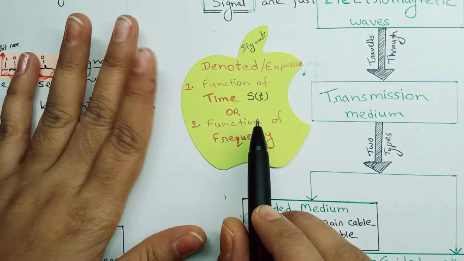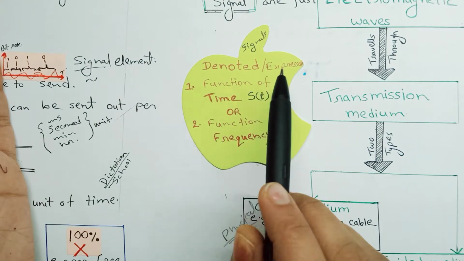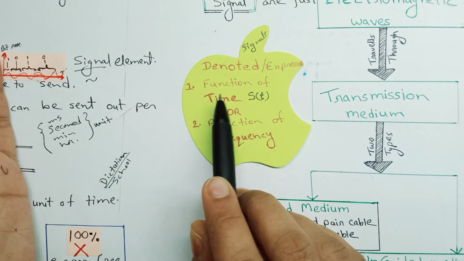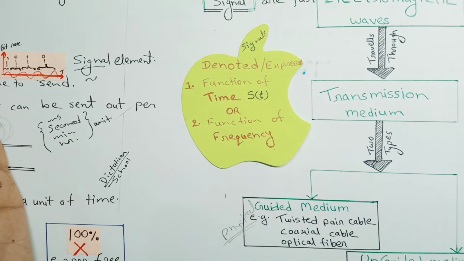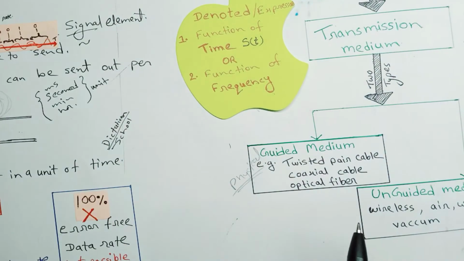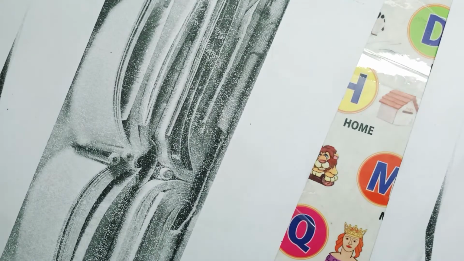By these two types we can denote signals, as a function of time or a function of frequency. Now we will discuss the mediums, guided and unguided, and how the transmission medium works.